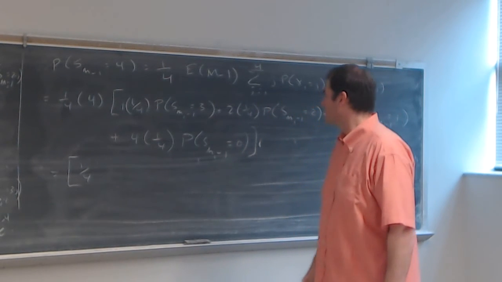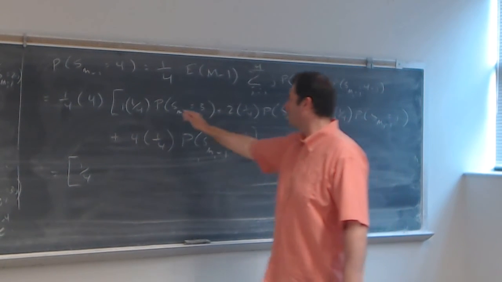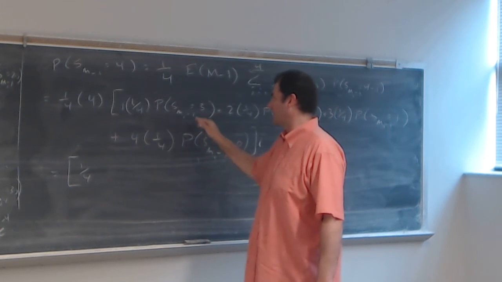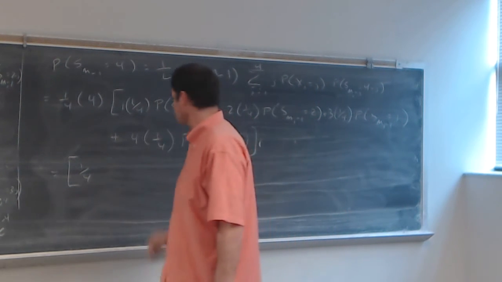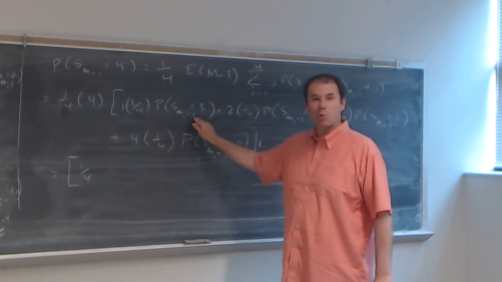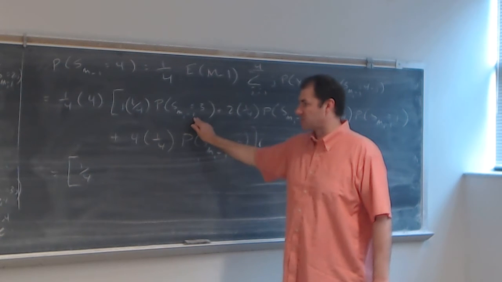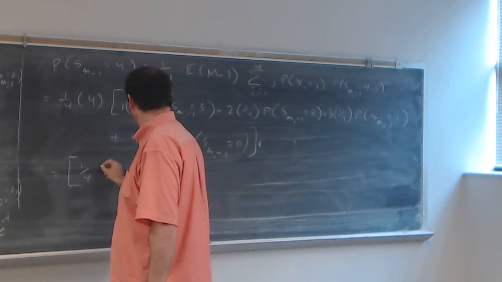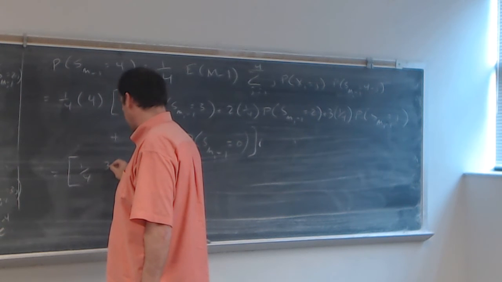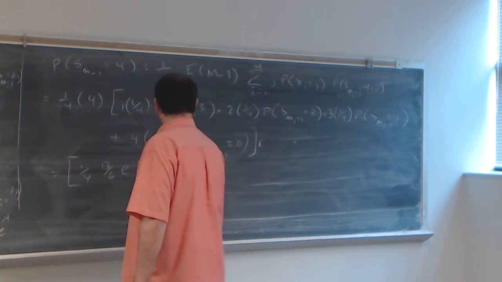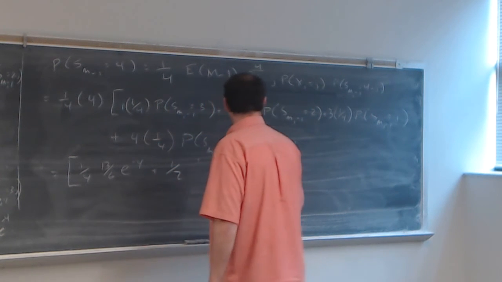We had m sub 1 minus 1. We computed for S of m minus 1, but it works the same for S of m sub 1 minus 1 because this is going to be a Poisson random variable m sub 1 minus 1 with parameter lambda. And so what we end up getting here was this 1/4 times 13 over 6 e to the minus 4 plus, this is going to be 1/2.